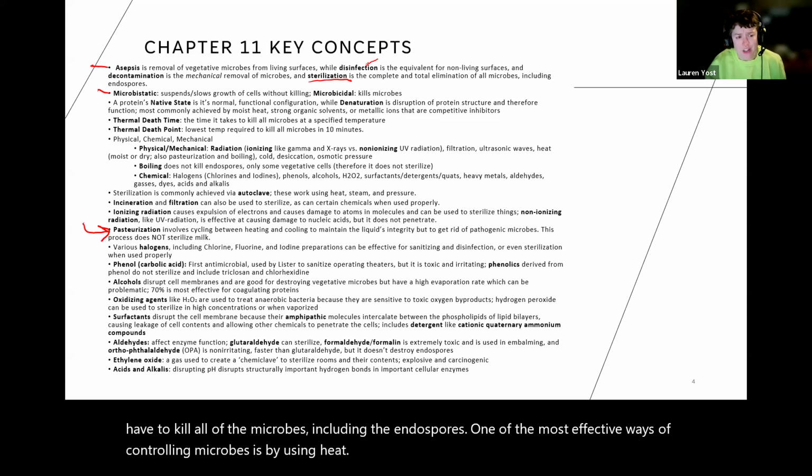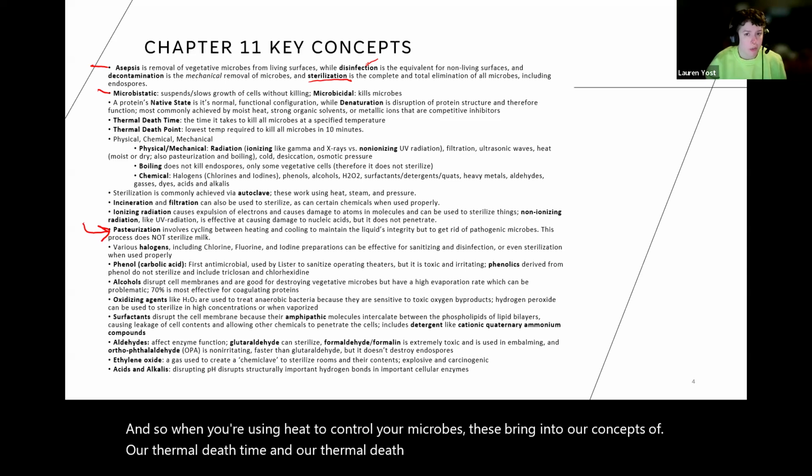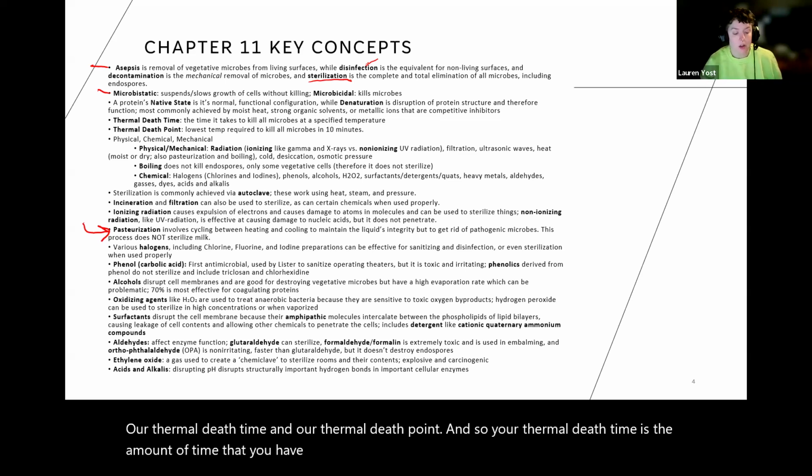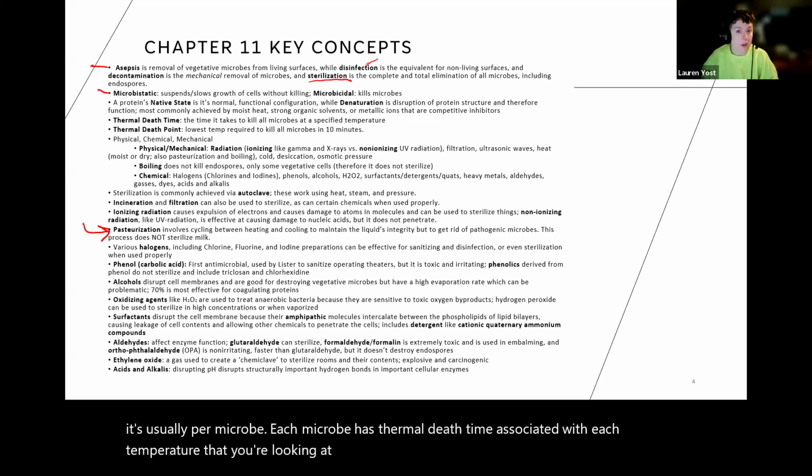And so when you're using heat to control your microbes, this brings in our concepts of thermal death time and thermal death point. Your thermal death time is the amount of time that you have to treat your sample to get rid of all of a specific microbe. So it's usually per microbe. Each microbe has a thermal death time associated with each temperature that you're looking at, and a thermal death point.